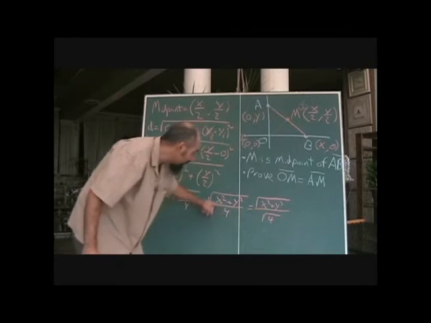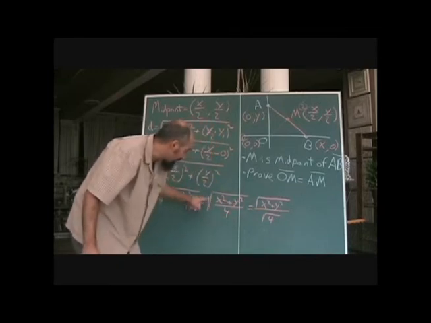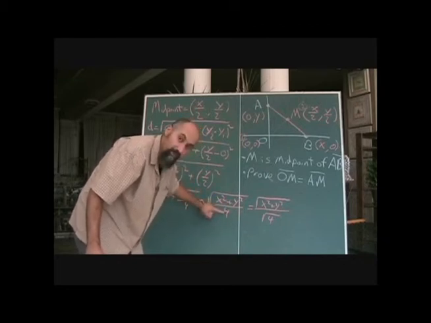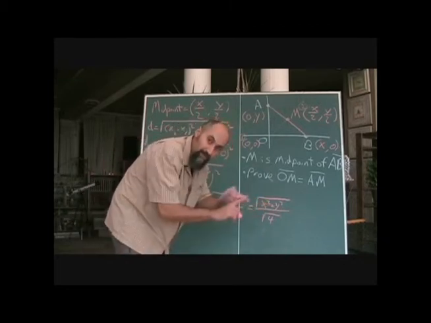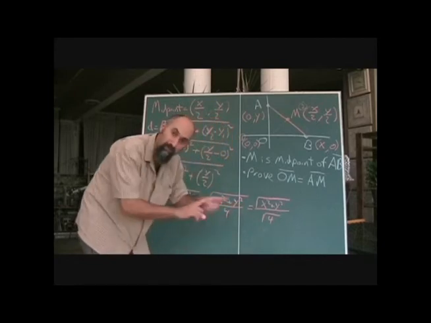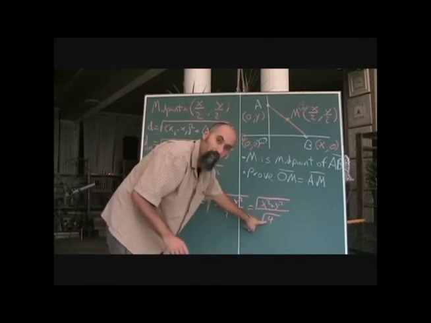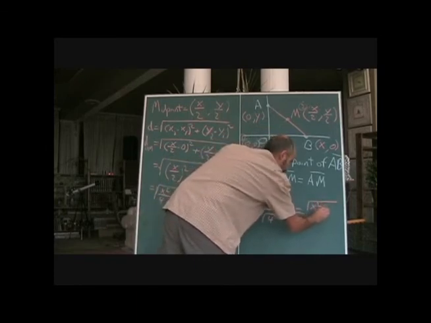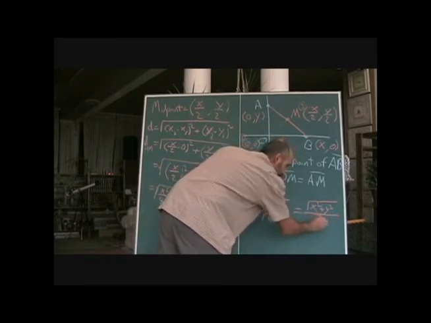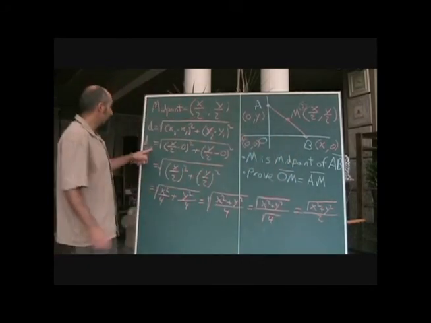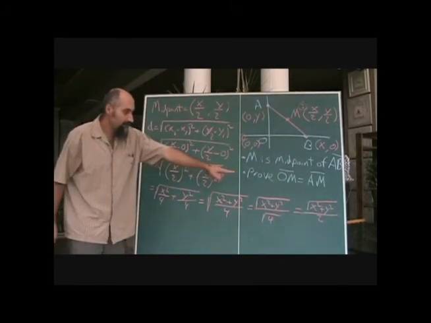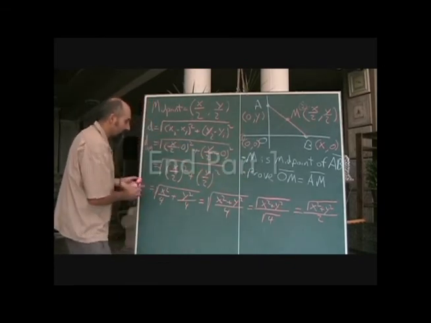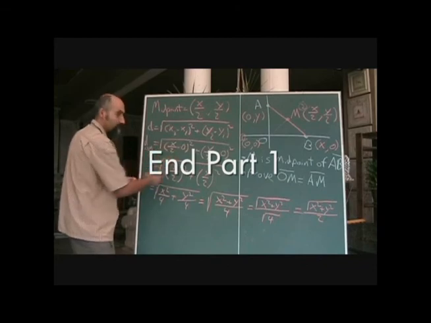But when it's division like this, you can take the square root of the top and the square root of the bottom. So addition or subtraction attaches two things. Division and multiplication, you can separate them. So the square root of 4 is just 2. So this becomes the square root of x squared plus y squared over 2. We just figured out what the distance of OM is. What I'm going to do is erase these and put that up here because we know what that answer is.